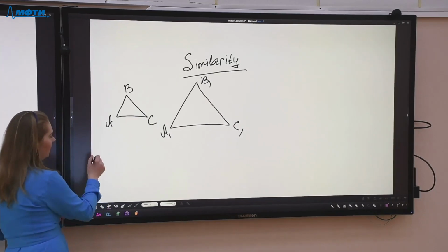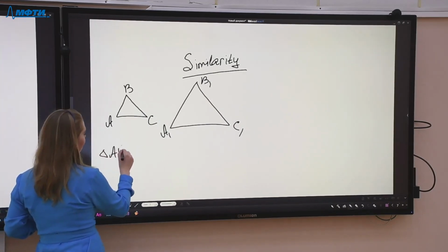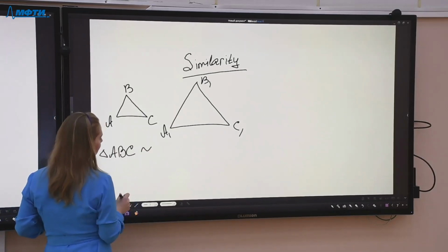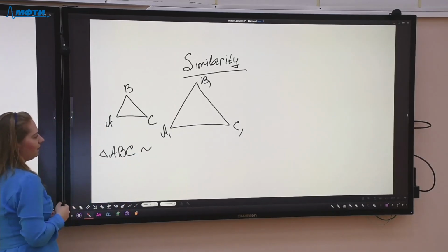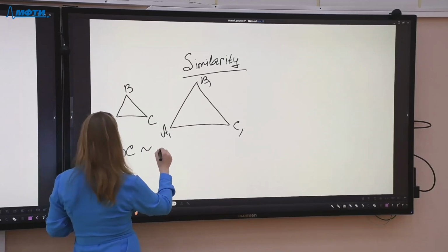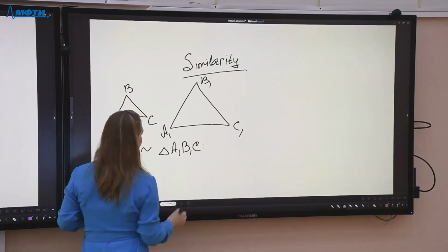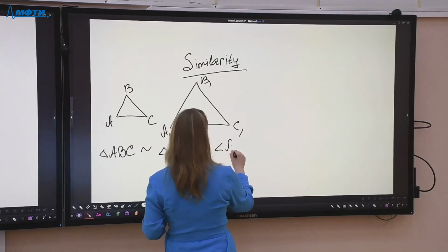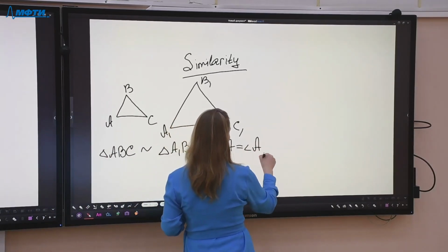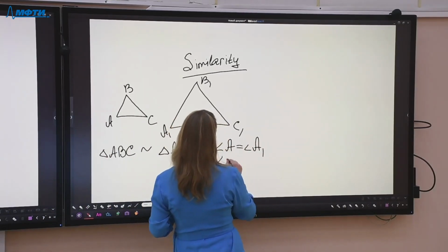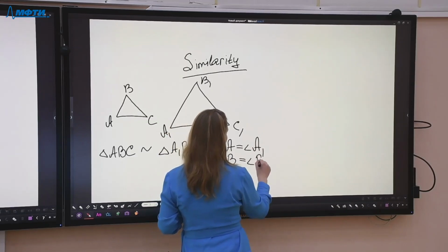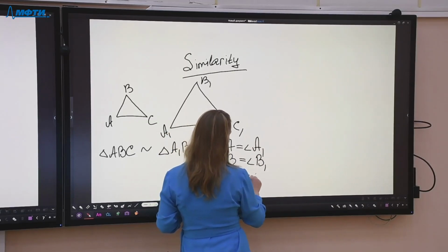And we say that triangle ABC is similar, we use this symbol, to triangle A1B1C1 if angle A and angle A1 are congruent, as well as B and B1, C and C1.